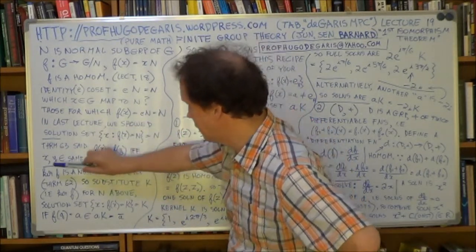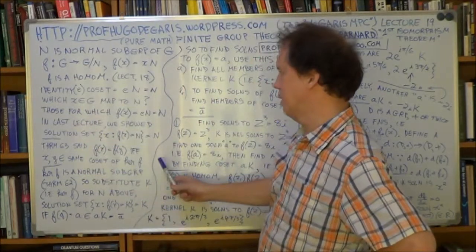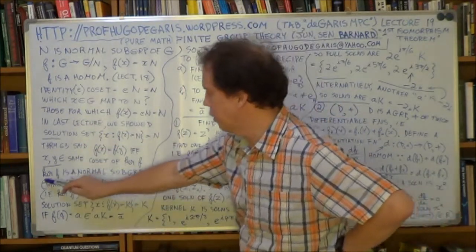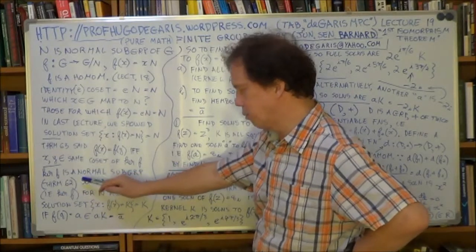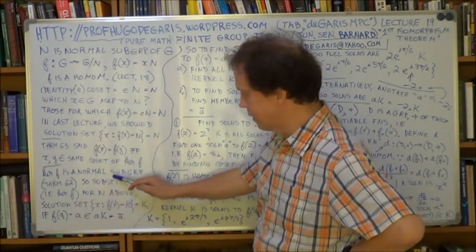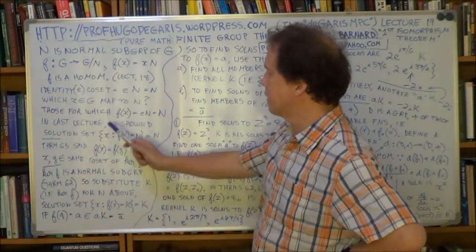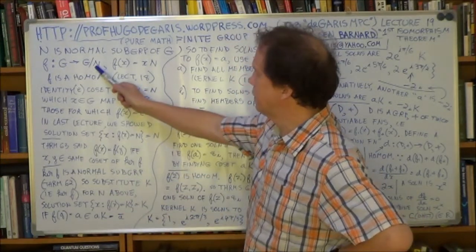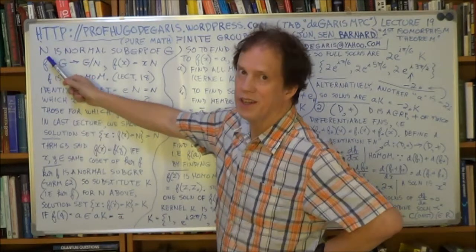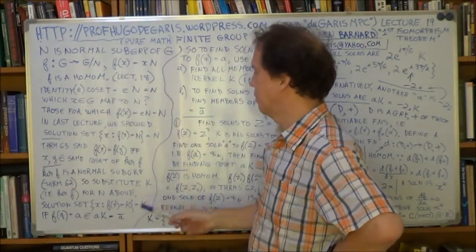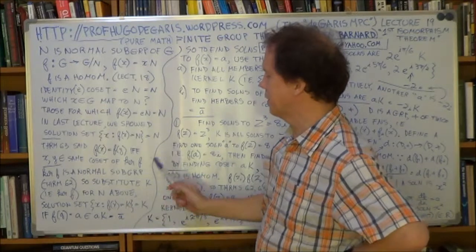Now let's start pulling things together a bit. The kernel, we proved last time that it's a subgroup, a normal subgroup. So this N here is like a general case of a normal subgroup, and here's a more specific case.